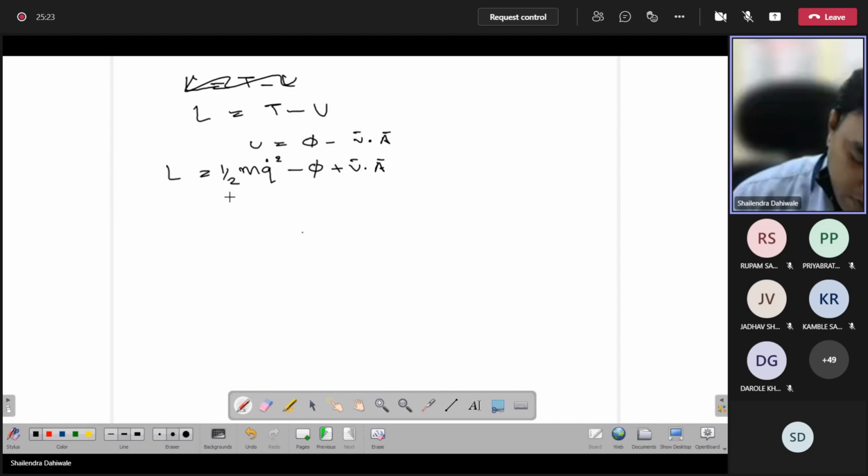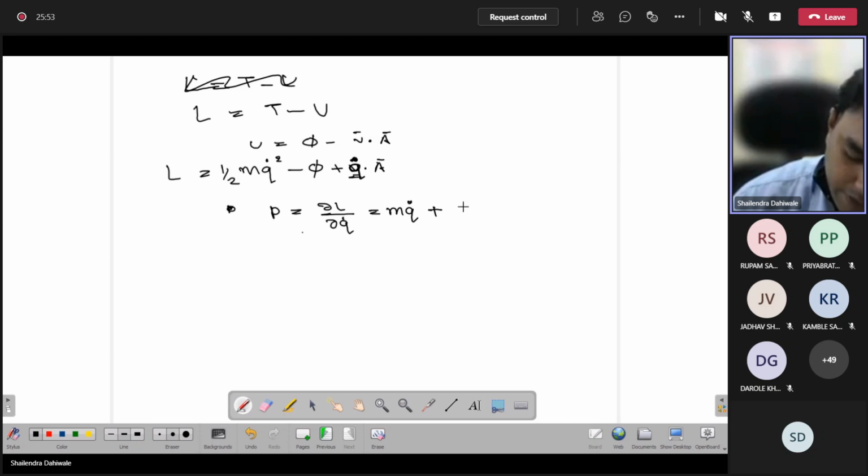And if you want to get the canonical momentum, we have written this P as del L by del Q dot, right? So your canonical momentum will be mq dot plus q A, where you can write V as your Q dot.